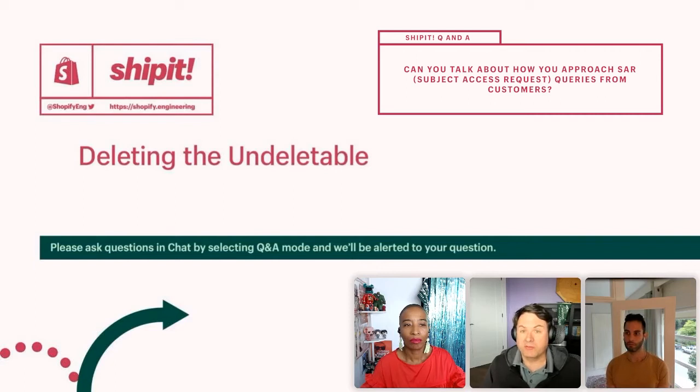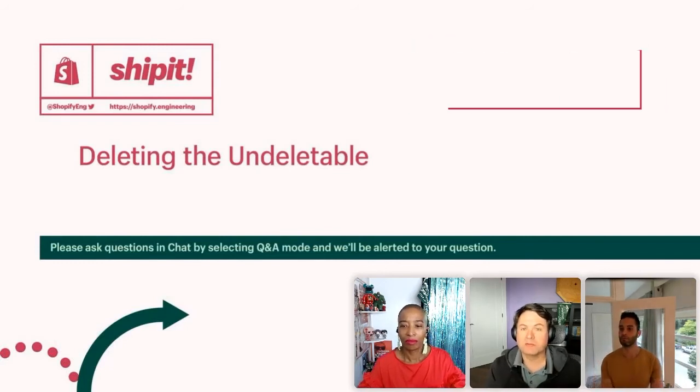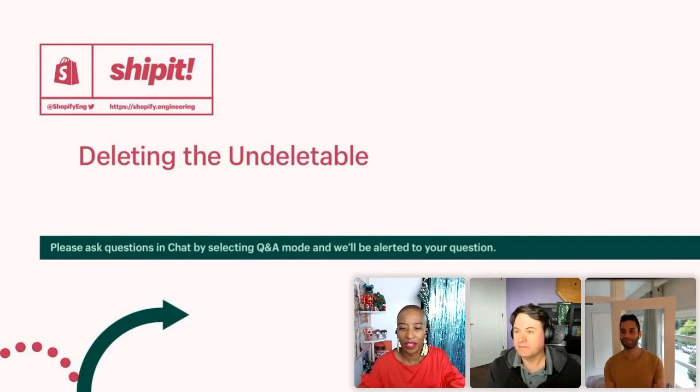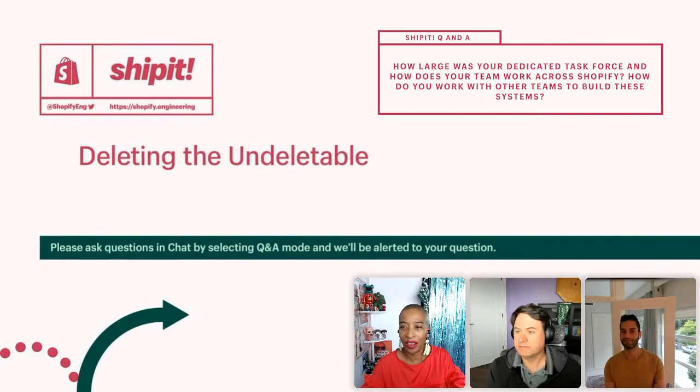Of course, it also makes a difference whether we're talking about our merchant's customer, where the merchant is telling us to do something, or whether the merchant themselves is filing an access request. Those are two very different processes, because in one case we're a controller, in another case we're a processor.